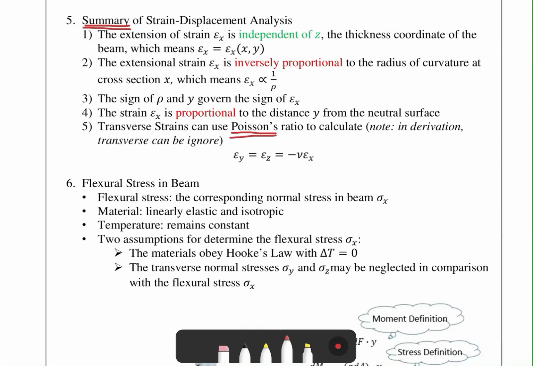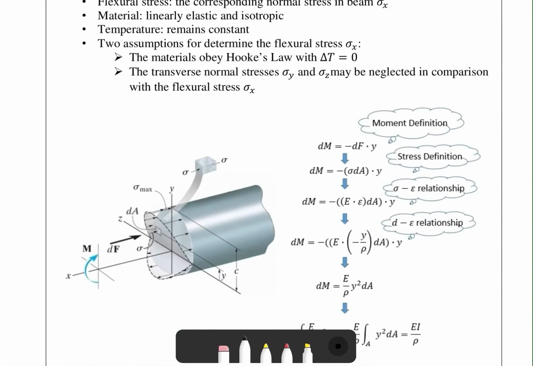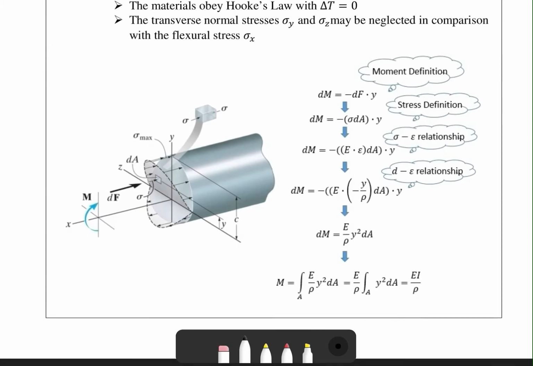Okay, so now let's try to derive the flexural stress equation that we are going to use in the future. Basically, under the moment, we are going to have the equation My over I to calculate the flexural stress. So now let's see how this equation is derived. Let's take a look at this picture.